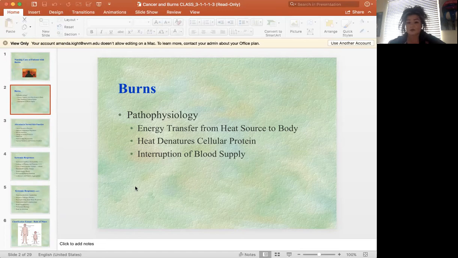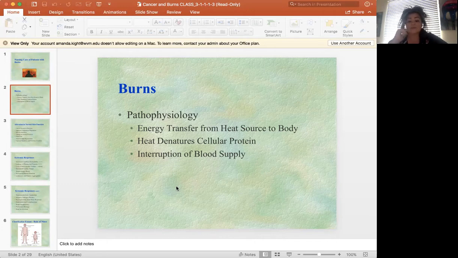It can be any sort of chemical or electrical, even. People who might be rewiring something might get shocked, and that's considered a burn, again, depending on how bad it is, and all of that will depend on many things. And it can actually render someone unconscious if it's strong enough, just like lightning, right?